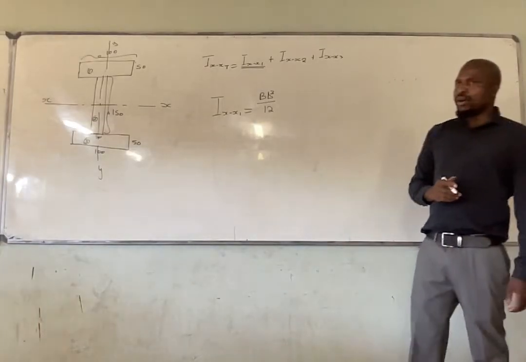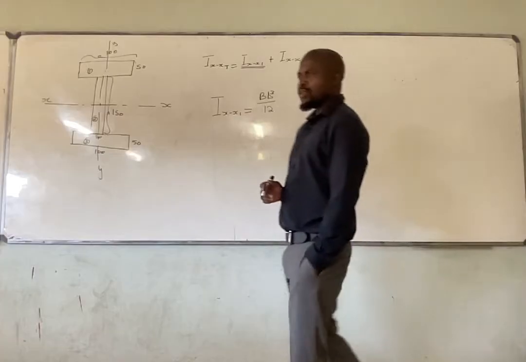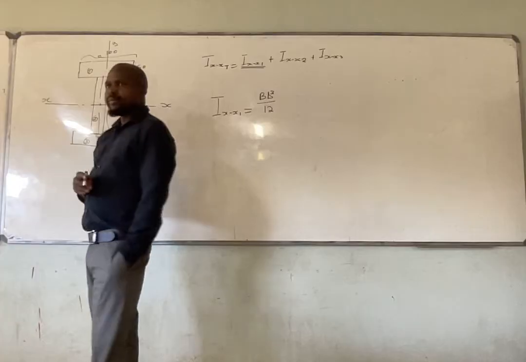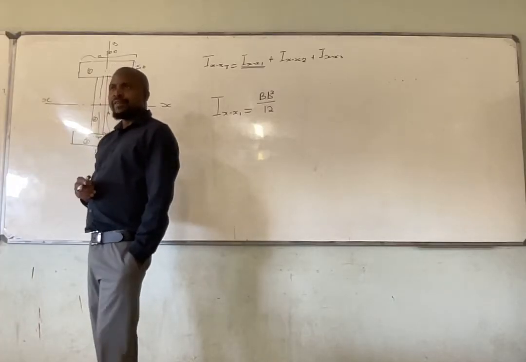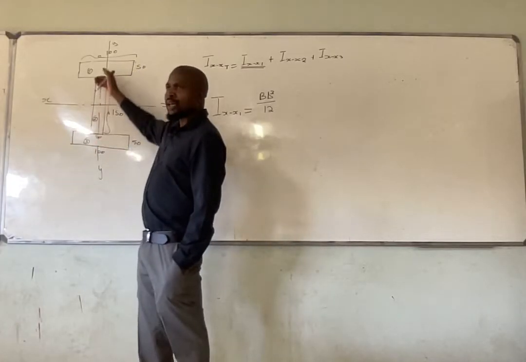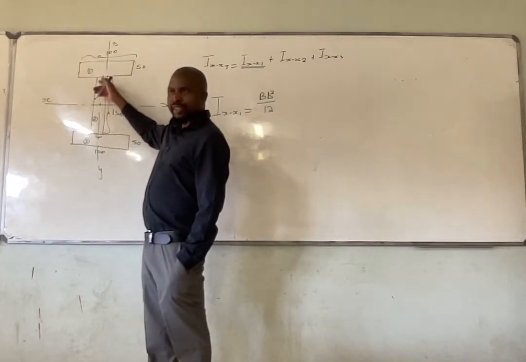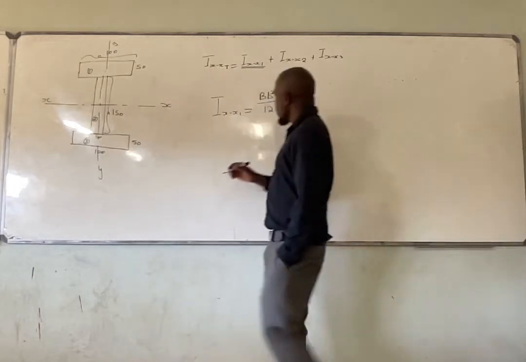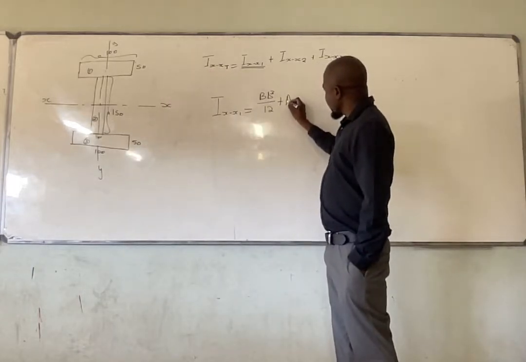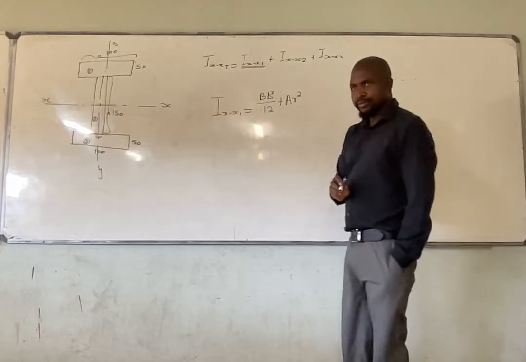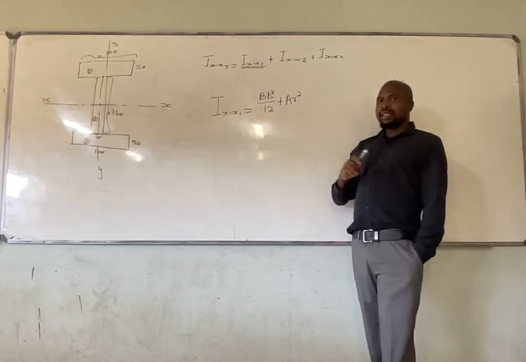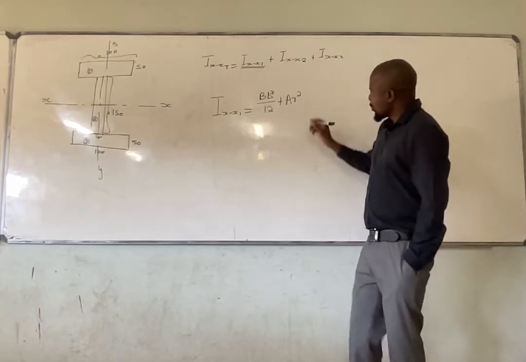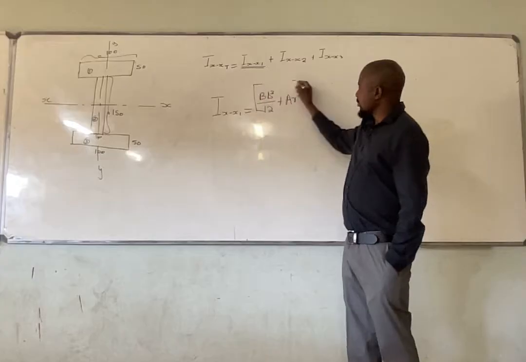In all cases, when you have a built-up beam, or a cross-sectional area that consists of more than one area, you must always add AR squared. In the case of R, other textbooks are using H, no problem. So you must always add AR squared.